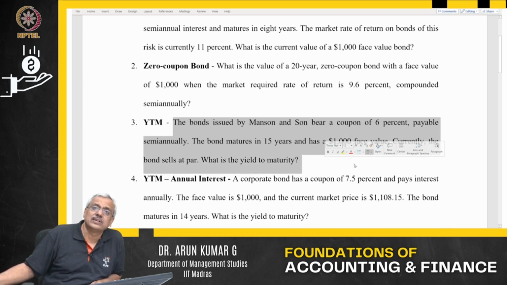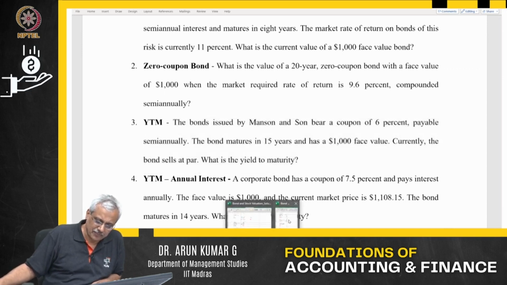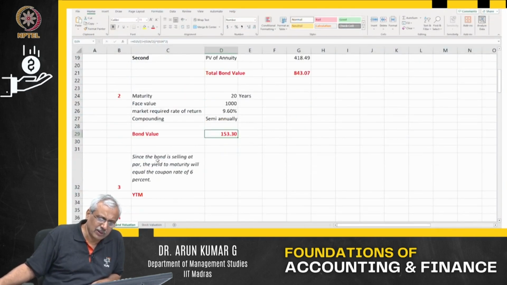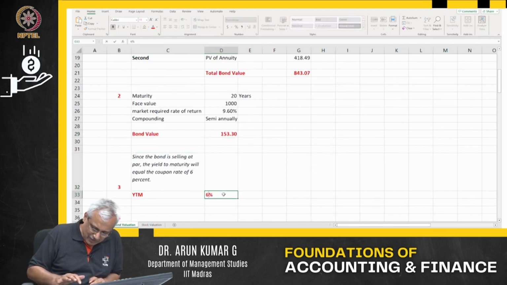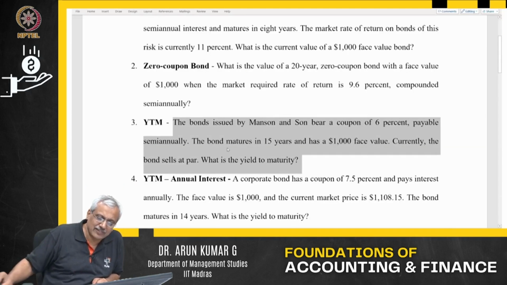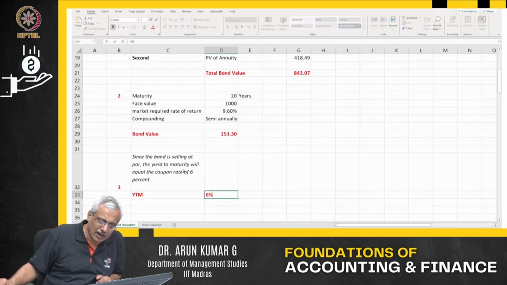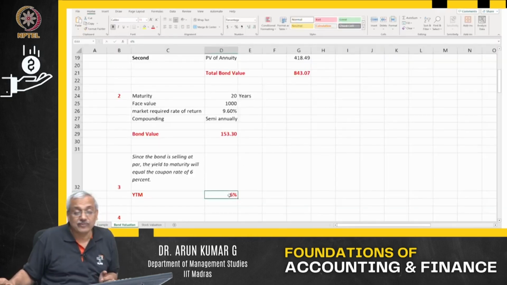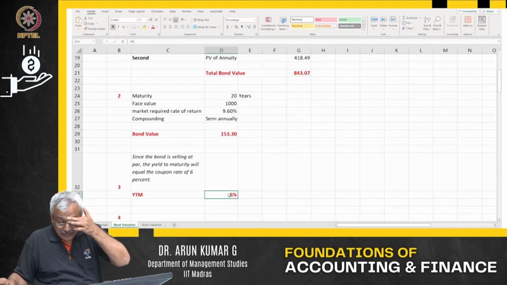What is the yield to maturity? Very simple in this case. Since the bond sells at par, the yield to maturity will be the same as the coupon rate. The coupon rate is 6%. The bond is selling at par, so my YTM will also be 6%, and that's all we have to calculate. Look, no calculation.